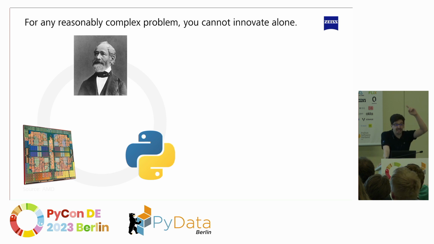But the interdependence also goes the other way around, because we have invested so much in chip technology, and we is not only Zeiss, but the whole industry. We, as software developers, are able to afford being inefficient with Python to a certain extent to have a convenient interface. Because computer chips are so powerful, we can afford Python.